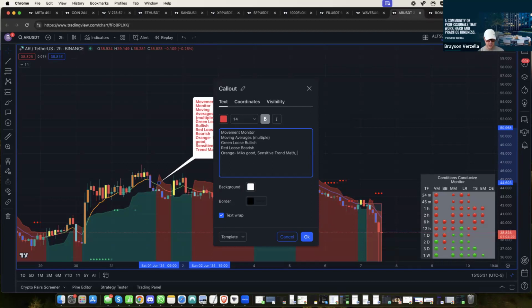We have volume, as far as the volume of trading being done on that asset, so volume analysis is being done. And we have money flow analysis. So it's measuring money flowing into the asset or out of the asset in conjunction with sensitive trend mathematics, as well as volume assessment, and the moving average data.